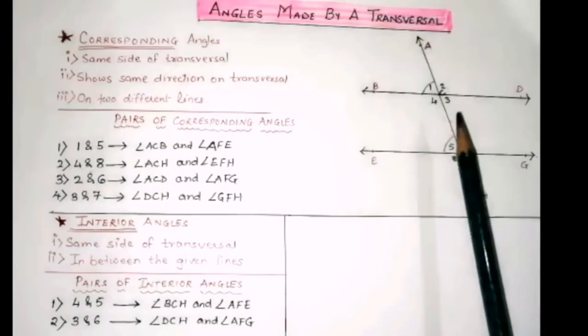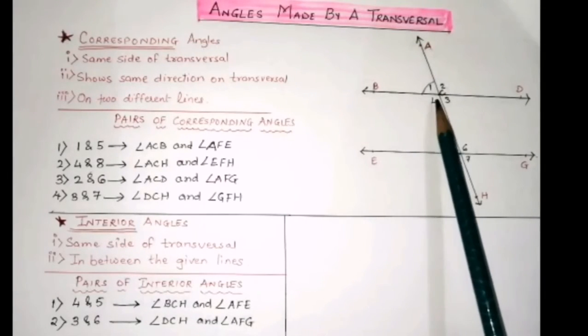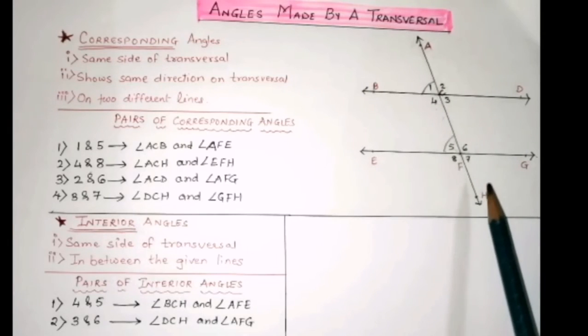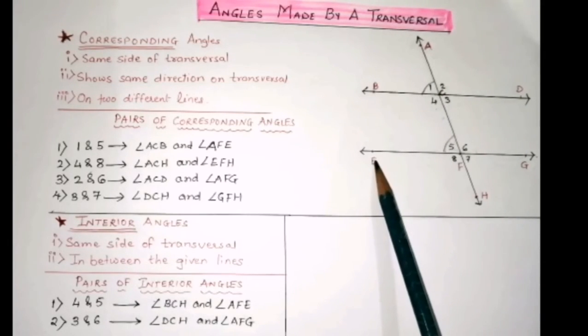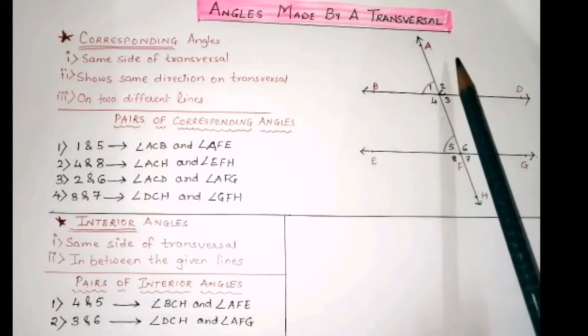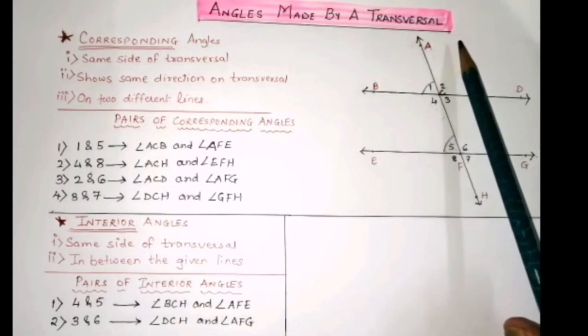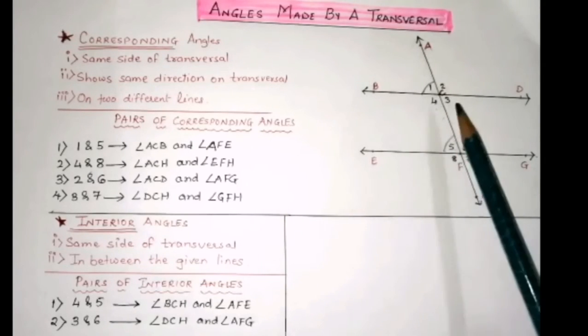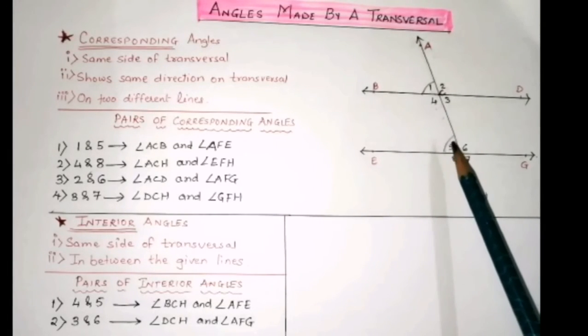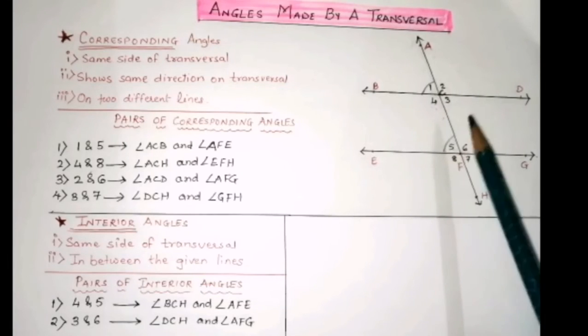So, let's check. Angle number 4 is angle BCH. Angle 5 is angle EFA. So, these two are on the same side of transversal and in between the lines. So, it is one pair of interior angles.